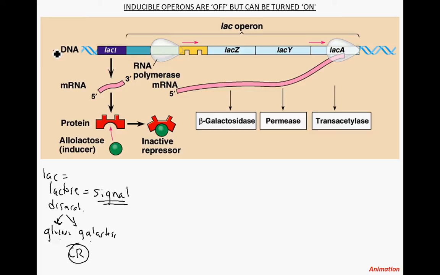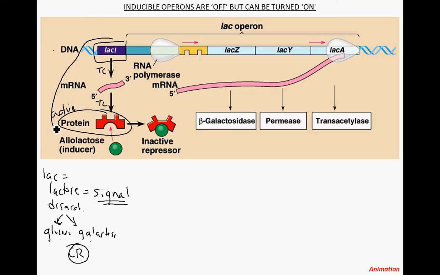Here's our DNA. So this LAC-I right here, this is the regulatory gene. When it's transcribed and when it's translated, it yields a repressor protein that is in an active conformation. So this repressor protein right here is made as an active conformation. So the expression of this gene is constant, right?